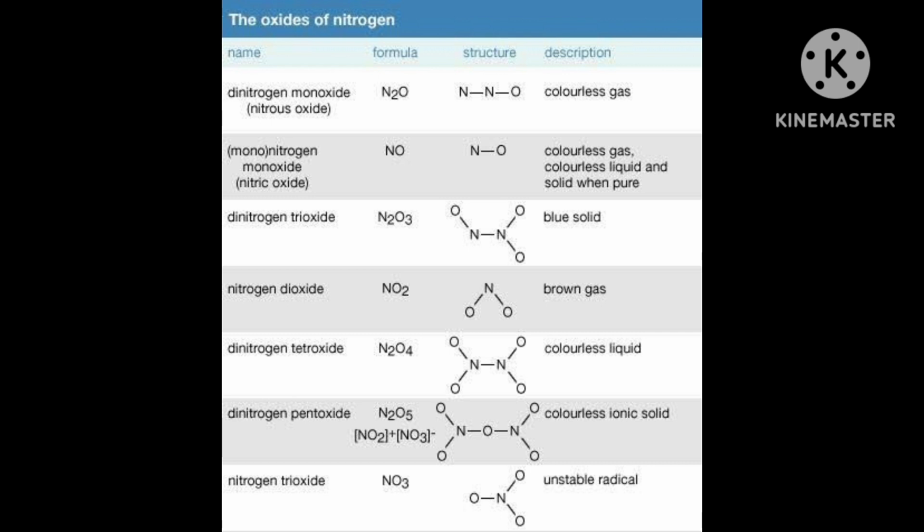Again I am telling you, 3 reagents are required: first NaNO2, second FeSO4, third H2SO4, and it gives 4 products. The balanced equation is 2NaNO2 plus 2FeSO4 plus 3H2SO4, and the products are Fe2(SO4)3 plus 2NaHSO4 plus 2H2O plus 2NO.